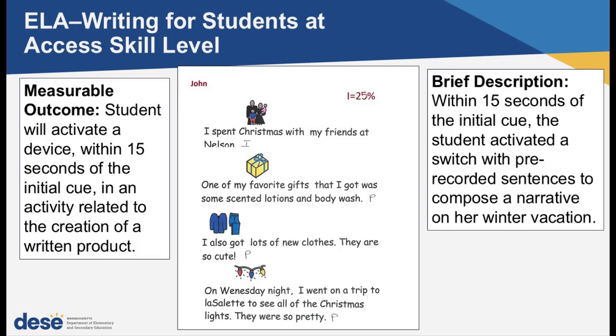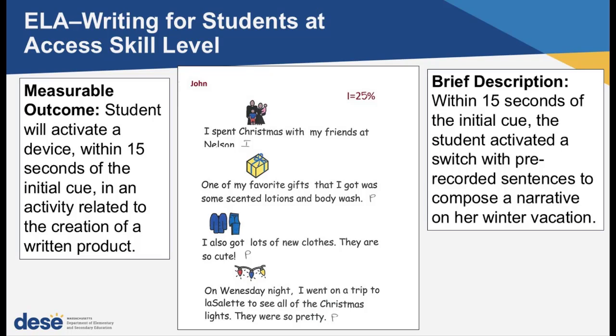This could go up on the board with the other students' writings that talk about what the winter break was like. And it looks like they need more practice on activating the switch because they were 25% independent.